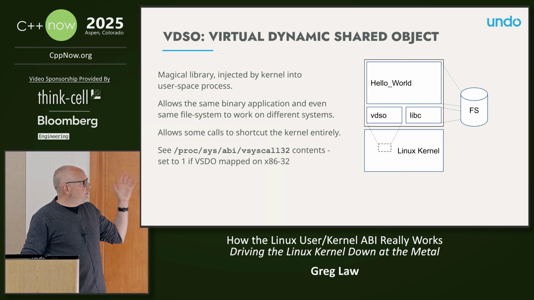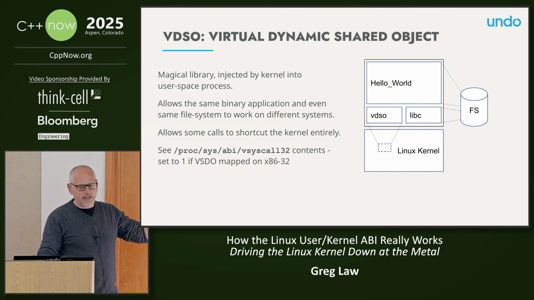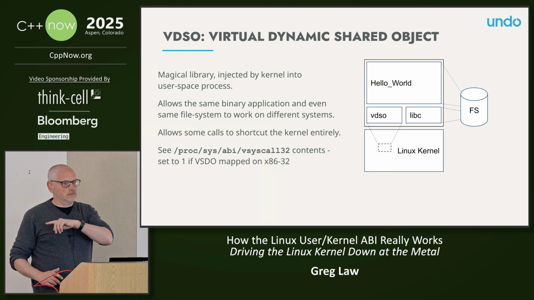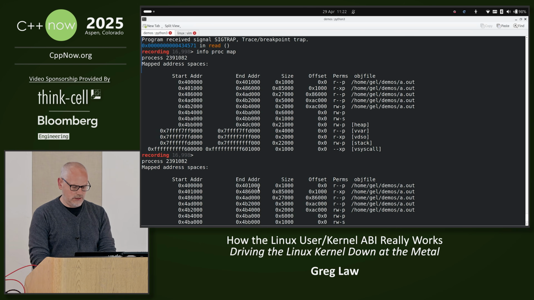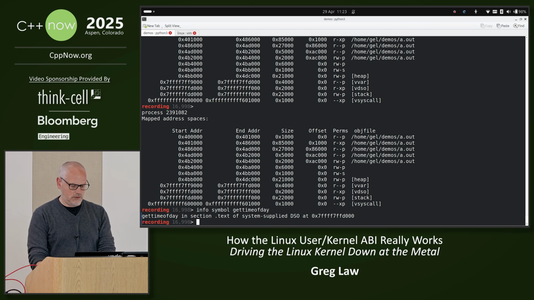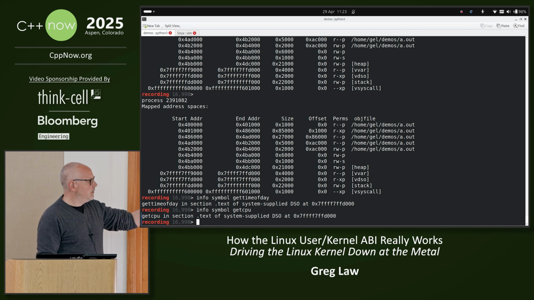But the cool thing about calling into originally the vsyscall page and more recently the VDSO is it usually doesn't actually call into the kernel at all. So if we go, you can see gettimeofday, there's just a few functions that are supplied by the DSO.